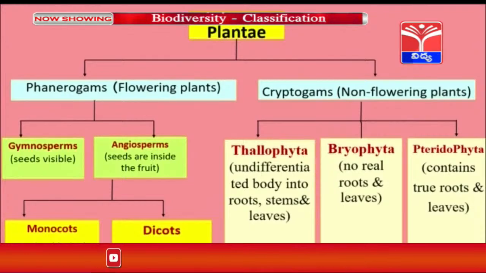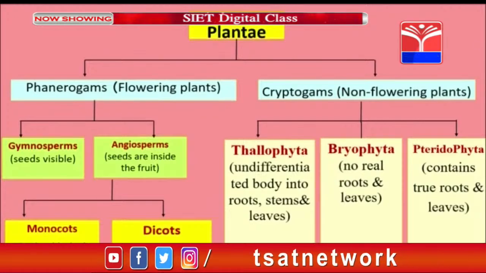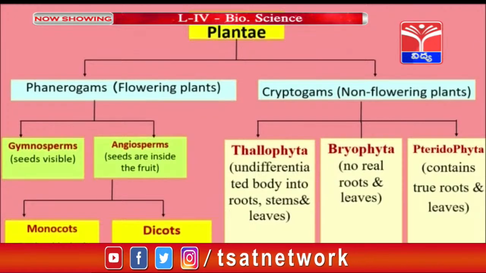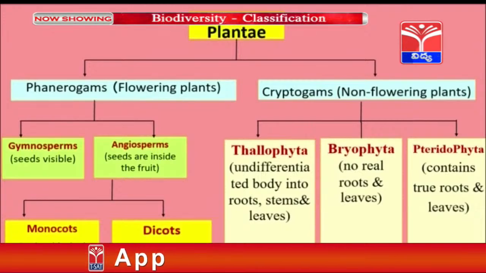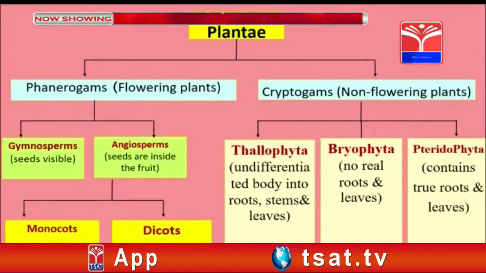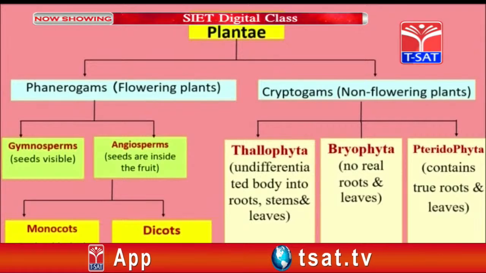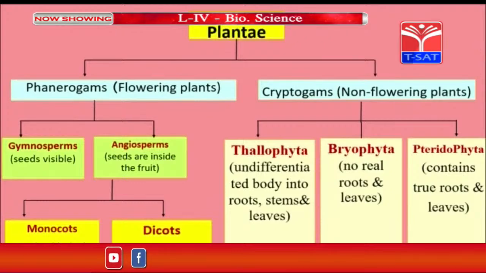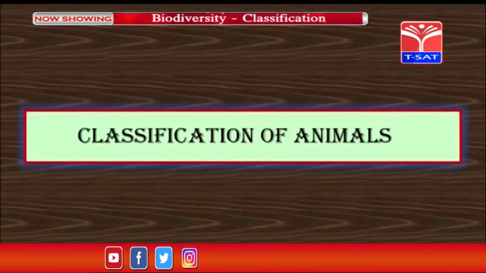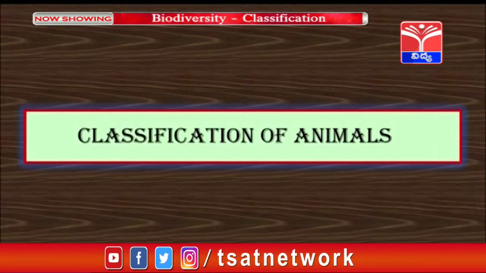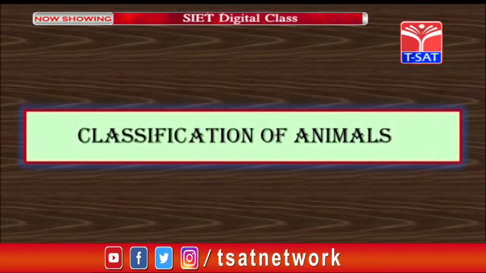The first has an undifferentiated body without roots, stems and leaves. In the second, there are no real roots and leaves, whereas true roots and leaves can be seen in the third. Now let us try to understand the classification of animals.